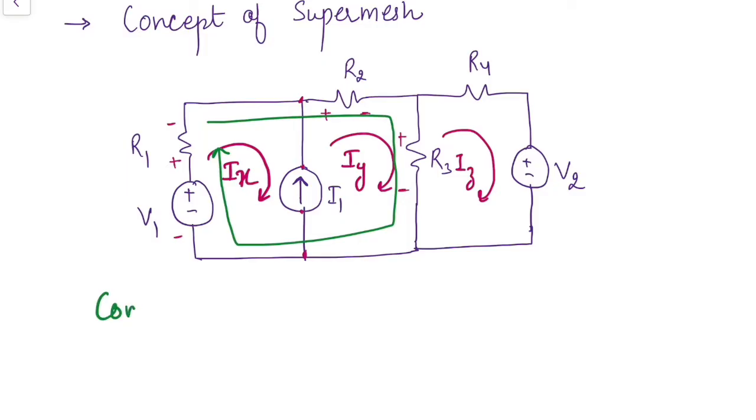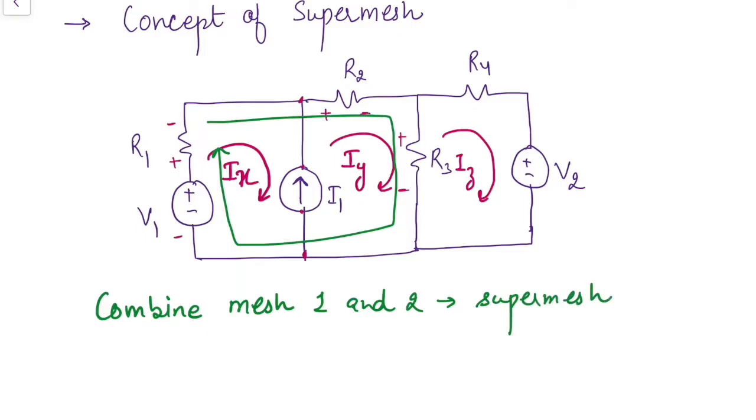So we combine mesh 1 and 2, and that will result in a supermesh. And then we have to apply KVL to this supermesh. Starting from the source V1, as the negative sign is coming first, so minus V1, then the drop across R1 is R1 into Ix, positive sign is coming first, so plus R1 into Ix, then the drop across R2.